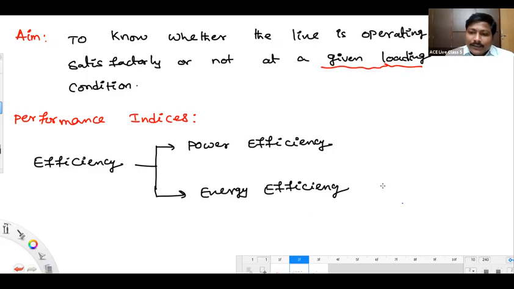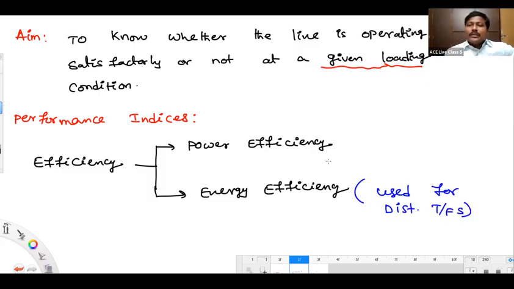Whereas power efficiency will be used for all other remaining apparatus. So as far as our transmission line is concerned, we will be concentrating on the power efficiency calculation only.